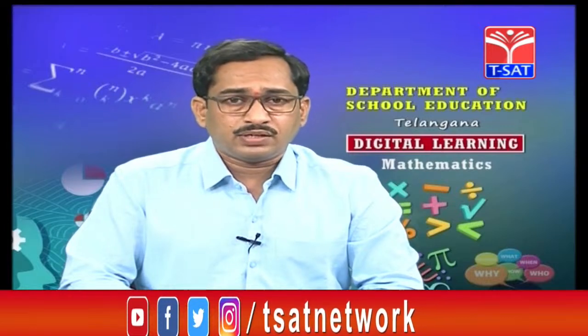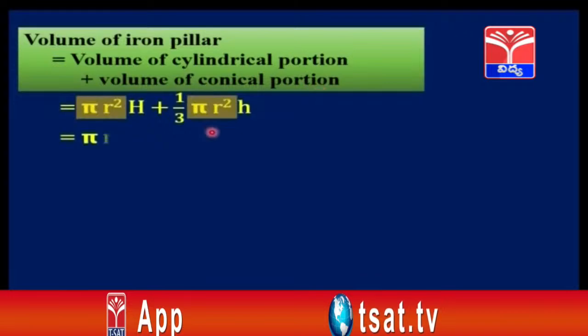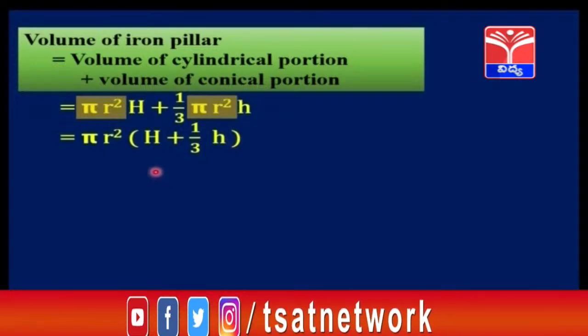Now, children, what is the formula of volume of a cone and volume of cylinder? Yes, the volume of cylinder formula pi r square h plus volume of cone formula 1 by 3 pi r square h. Now, write the formulas. Pi r square h plus 1 by 3 pi r square h. So, write the remaining: h plus 1 by 3 into h. Now, children, substitute the variable values.